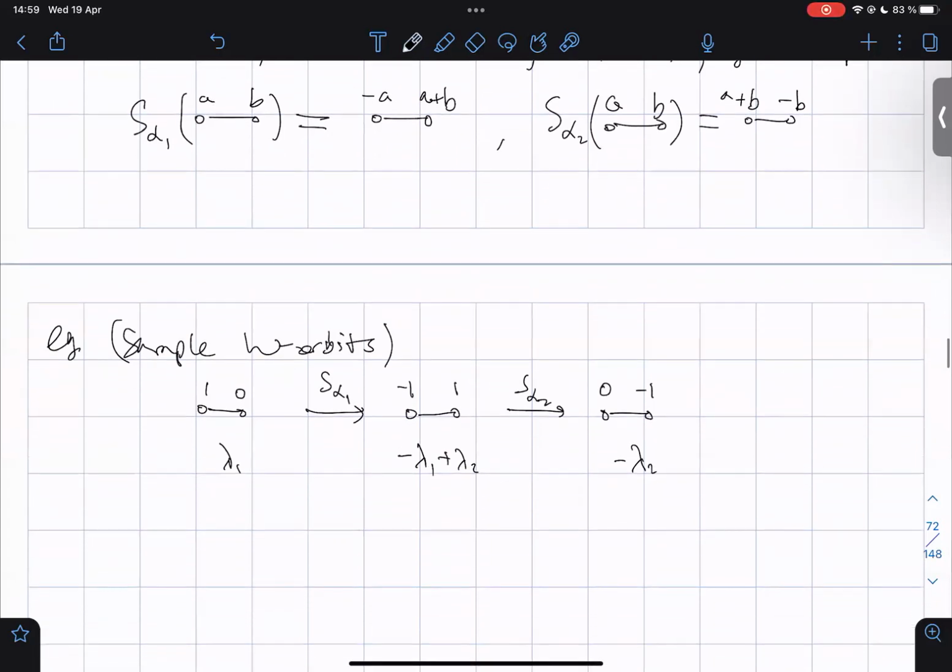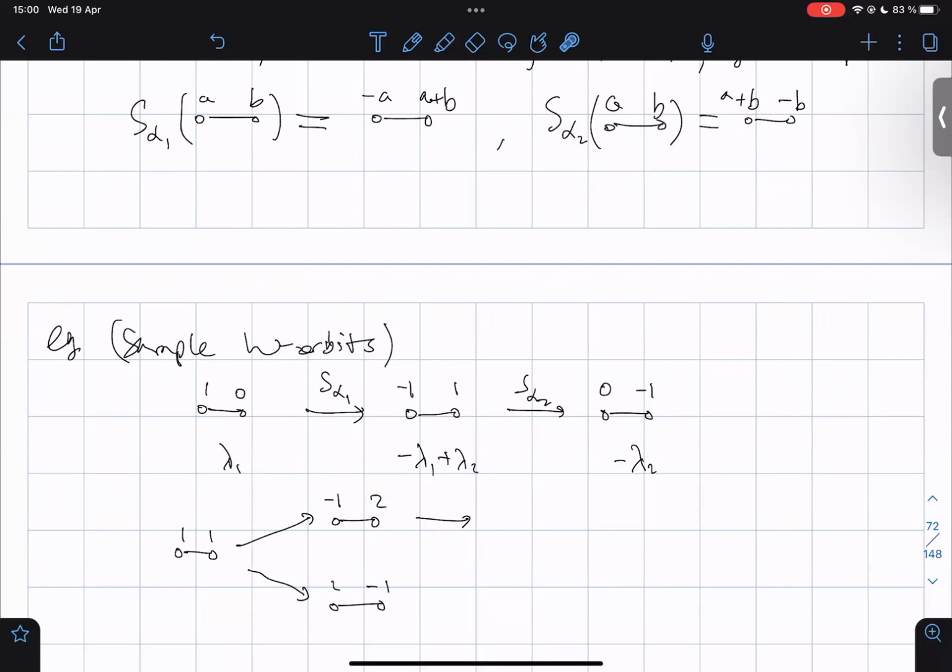Let's do one more to end it off. So we start with the adjoint representation. We're going to apply the first simple reflection. So flip the first coefficient, take the value of that coefficient, add it to here, so we get 2. Symmetrically, I do it to the other one. So you have 2 minus 1. I'm always going to apply a reflection wherever I see a positive coefficient.